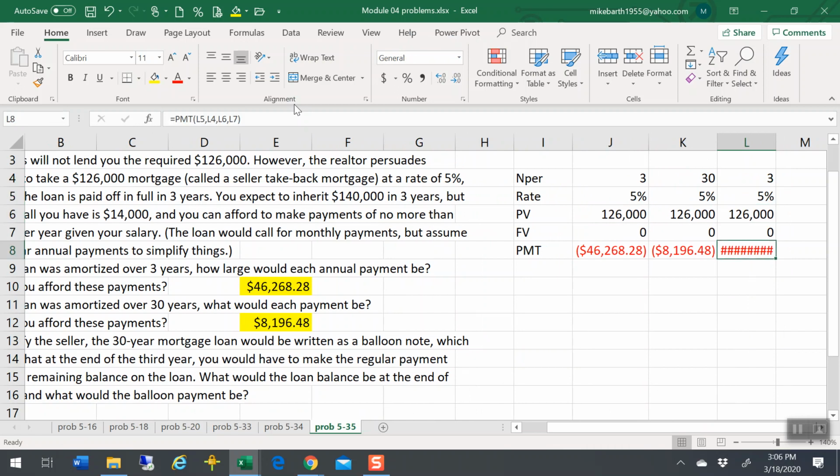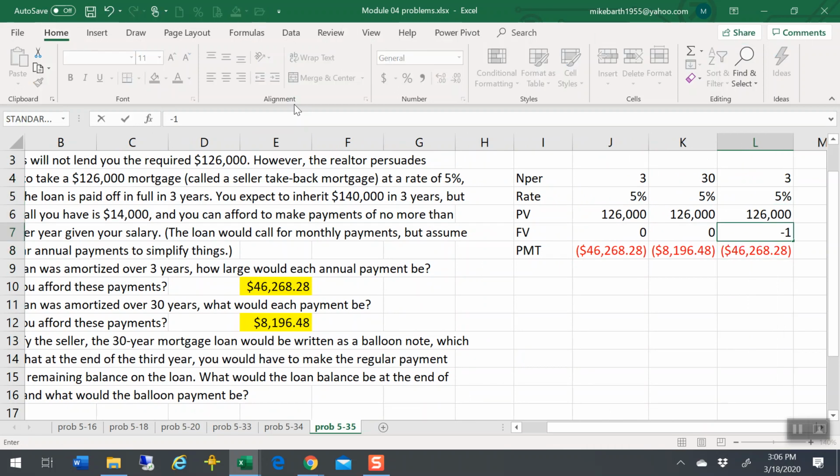Okay, so if we set this thing up, let's say your balloon payment was $100,000. That's just going to be the same sign as the PMTs. All right, well, that's too much. If we went to negative $80,000, okay, that's close to what I can afford.